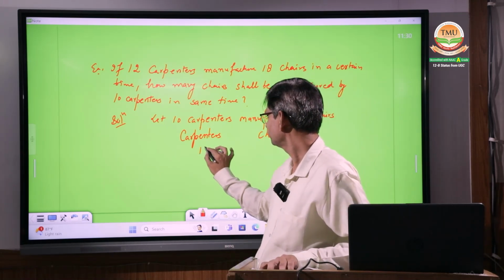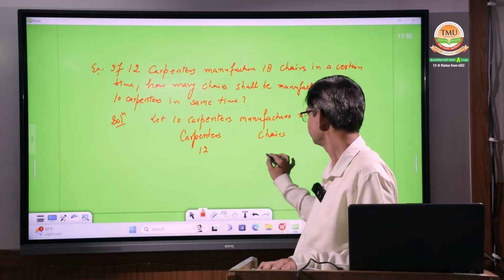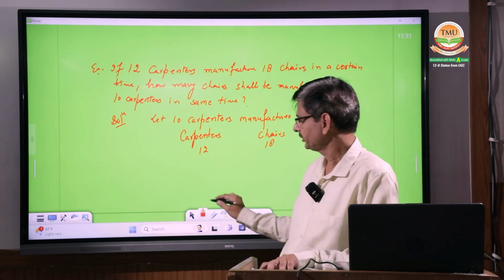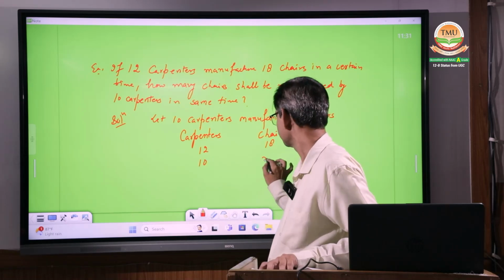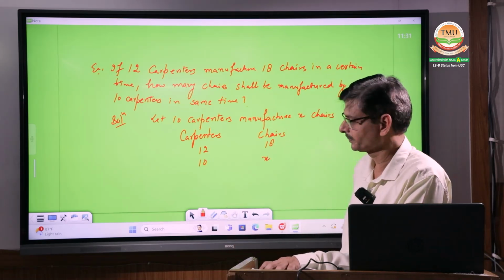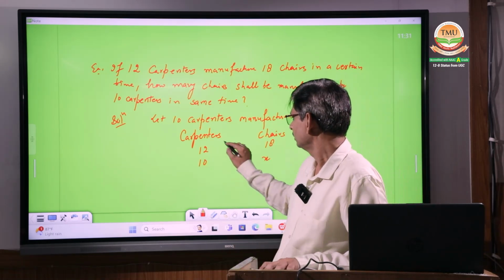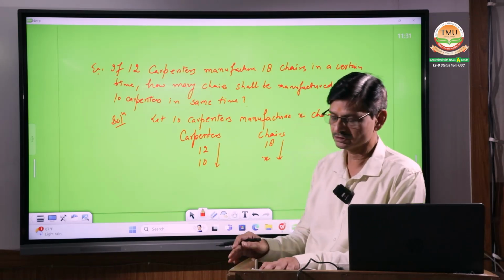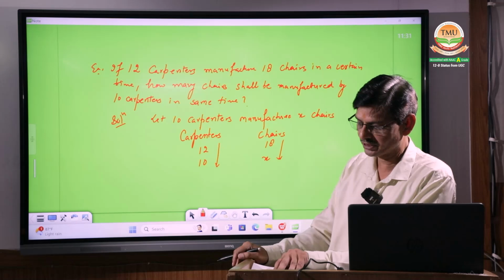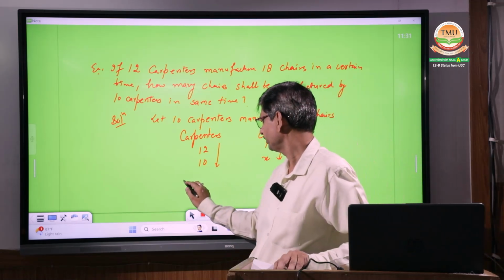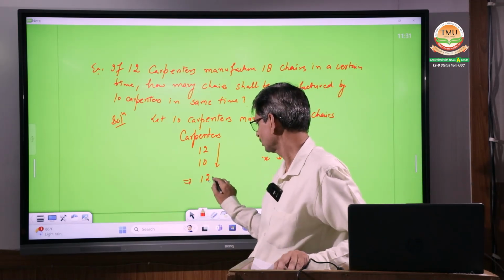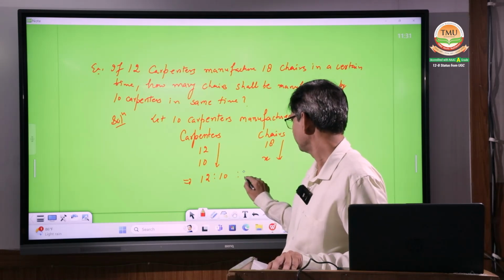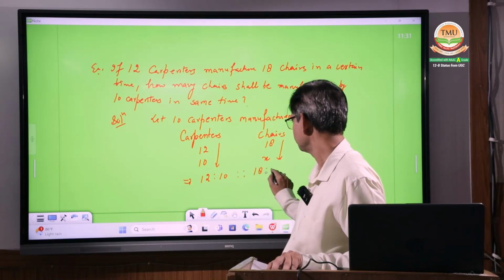Now 12 carpenters make 18 chairs, and 10 carpenters make, suppose, X chairs. Here it is in the same increasing order, the arrow will be in the same direction, and this will be 12 is to 10 proportion 18 is to X.